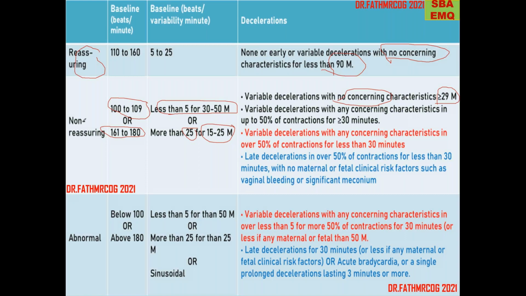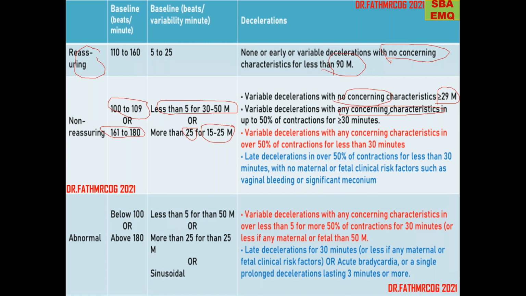If there is no concerning characteristic, look at the duration: if less than 90 minutes, this is reassuring. If variable deceleration with no concerning characteristic lasts 90 minutes or more, this is non-reassuring.